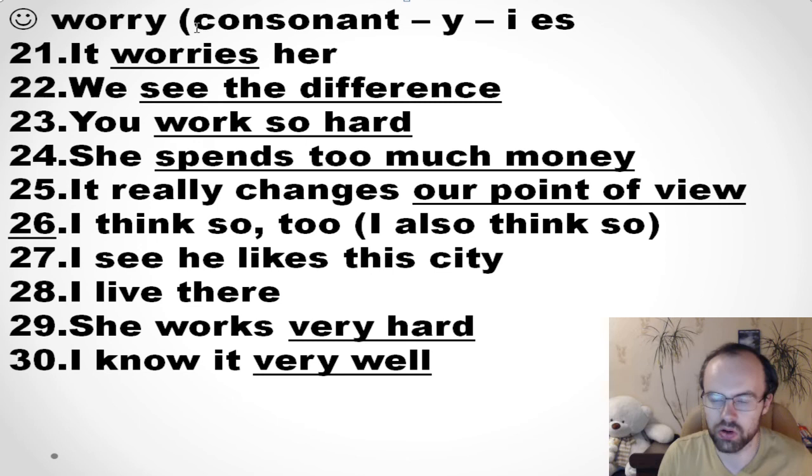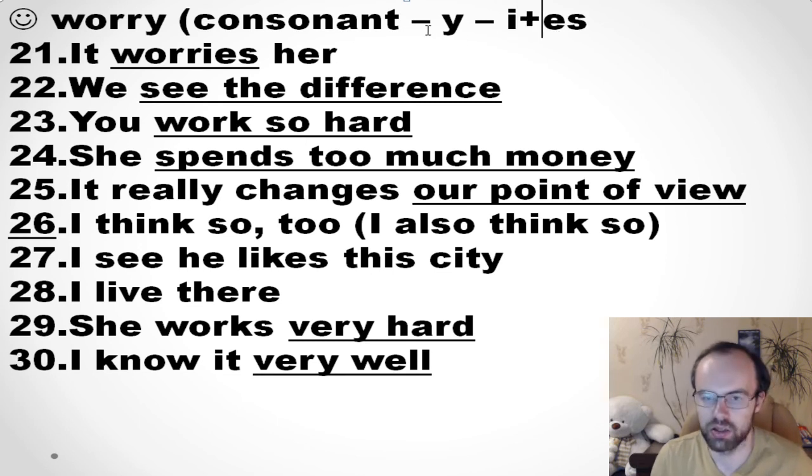We change it to i plus es. What we see here, so it varies. So we change y to ies, and you see it varies here. Good. We see the difference.